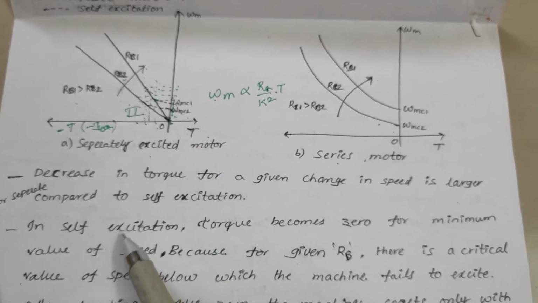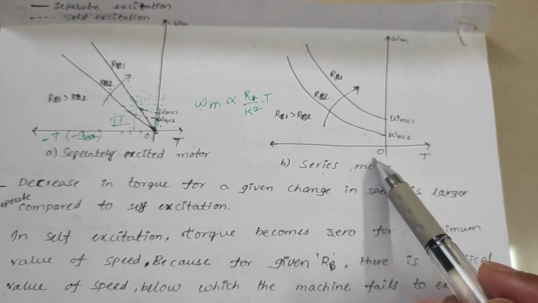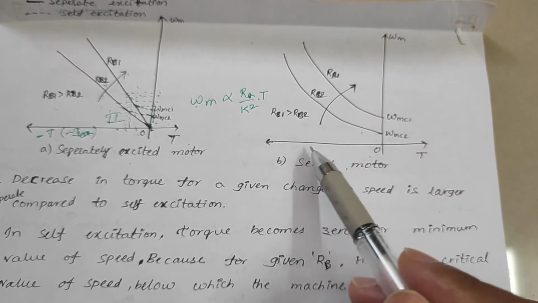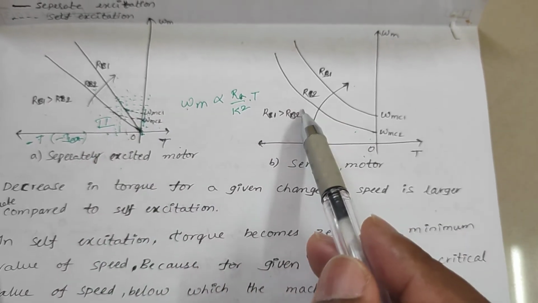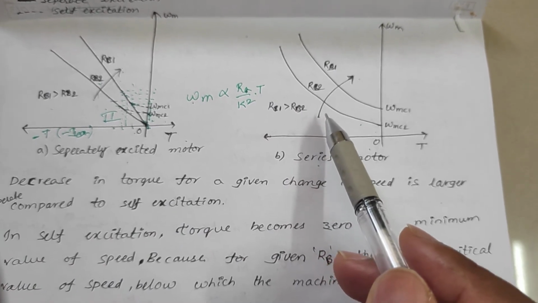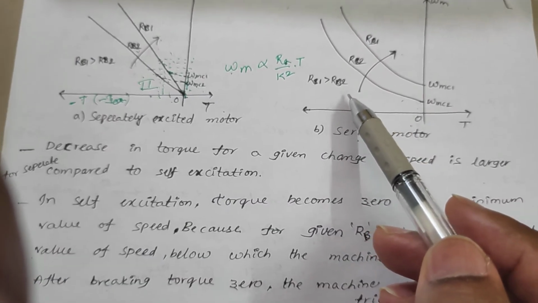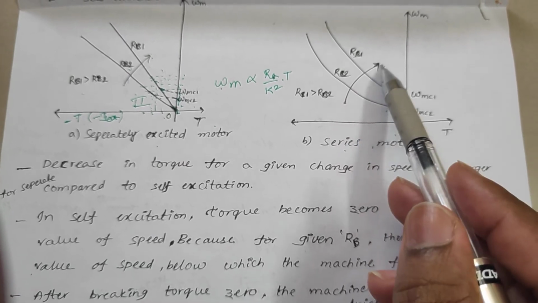Okay. And if you see the same characteristics for the series motor, the speed torque characteristics look similar, but again, as you increase the resistance, your characteristics will shift upward like this.